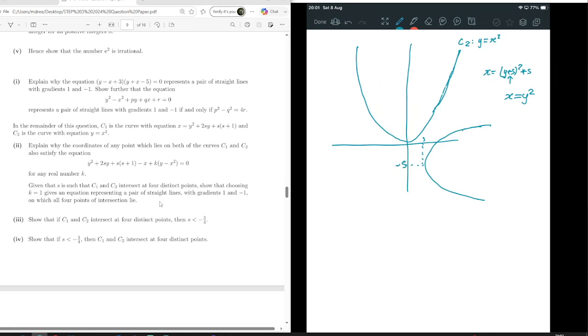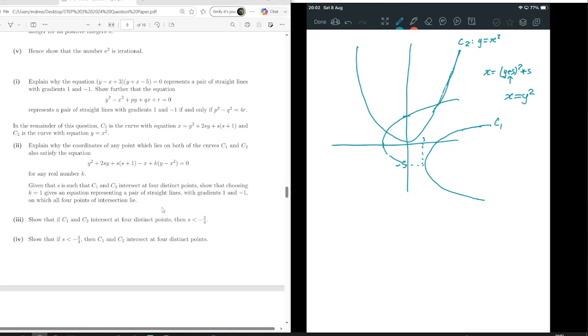I'm saying it's a bit awkward because these look like they miss. But I made the assumption that this s was positive. If this s was positive, that's where that quadratic C1 is going to lie. And you can see the condition we're trying to show is this s is actually going to be less than negative 3/4. So actually it's going to be over here and up here.